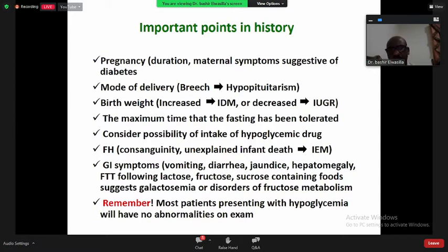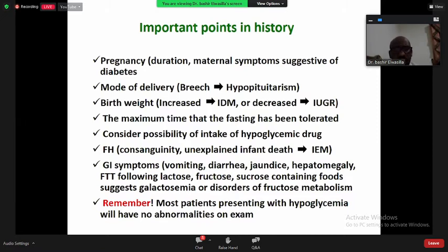Accidentally, just by mistake taken by the child, like metformin or other oral hypoglycemic medication, or inflicted, like factitious hypoglycemia, which is giving the child insulin, and this usually happens by personnel who have access to these medications.